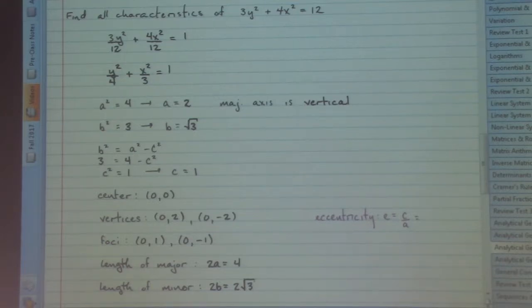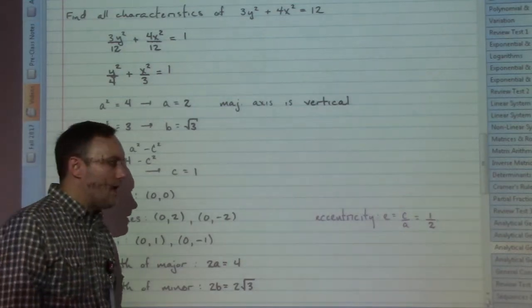And in this particular case, for the eccentricity, we would use the c divided by a, c over a, and the c over a in this particular case would be 1 over 2. So if we've got an eccentricity now of 1 over 2, again, we can try to start taking a look at what we would have going on here. Are we closer to being a circle shape? Are we farther away from being a circle shape in contrast to our last example?